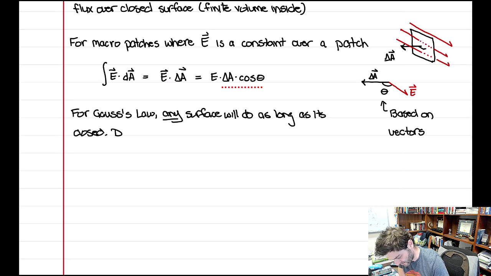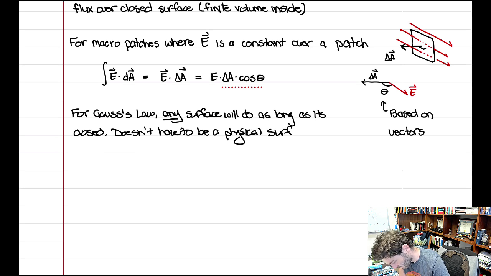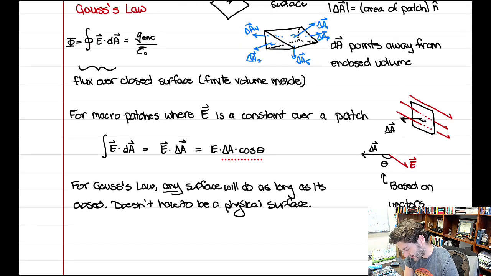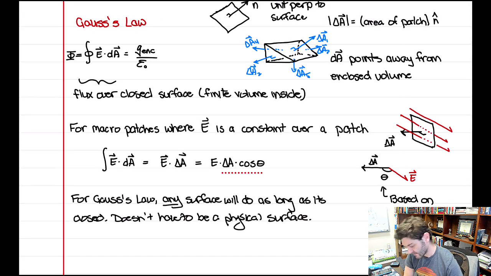And it doesn't even have to be a real surface. I say physical surface. The idea being, again, that you can draw any surface, and as long as it's a closed surface, the flux through that surface then connects to the amount of charge within it.